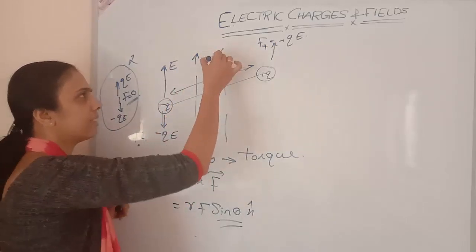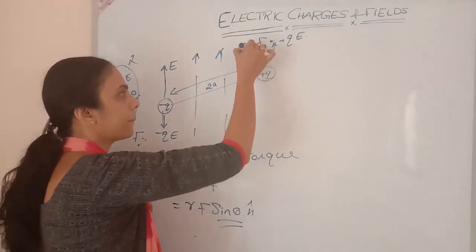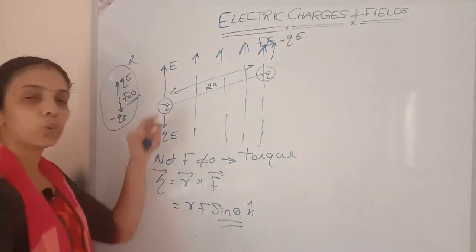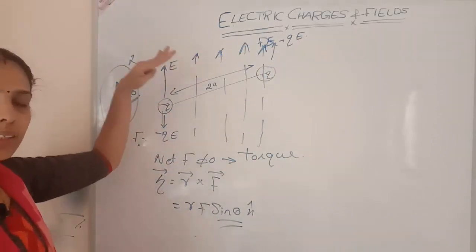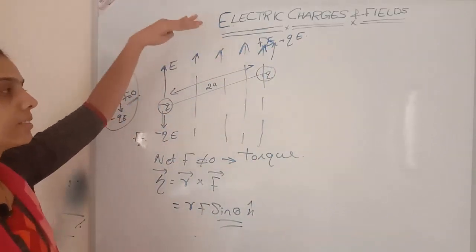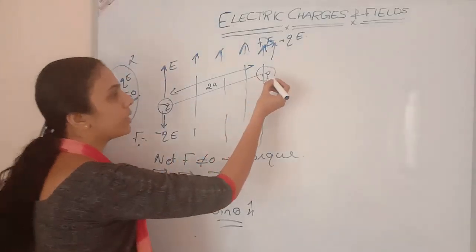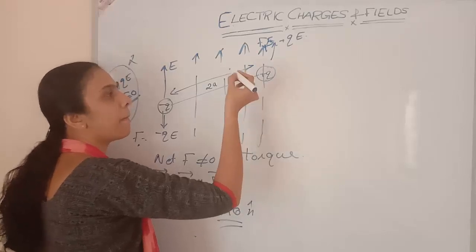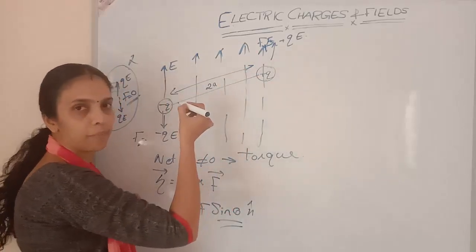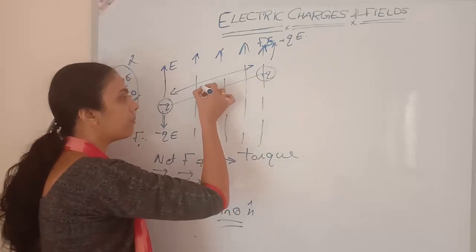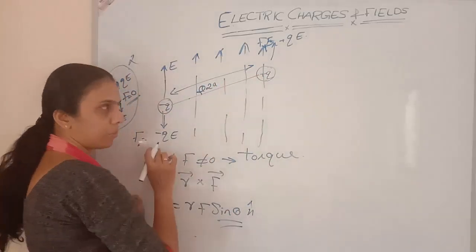Here qE is acting in this direction. This is E, the direction of the uniform electric field, which is acting on the dipole. Clear? This electric field is making an angle theta with the dipole.